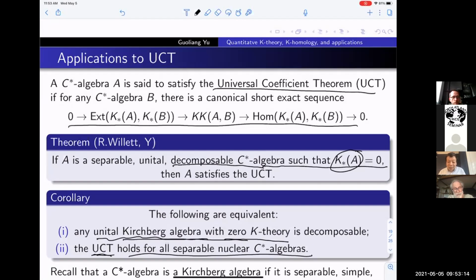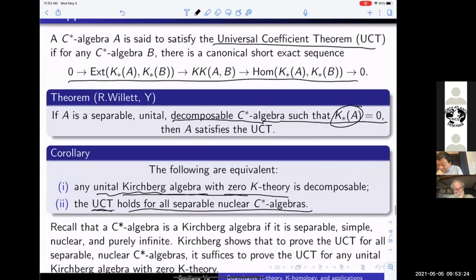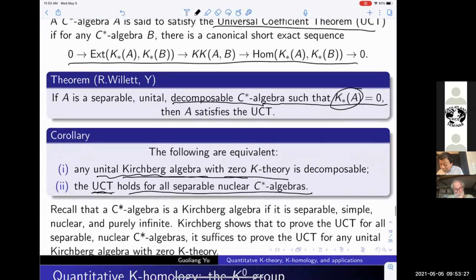Okay, thank you. But nuclearity does not imply our condition. I should mention a C*-algebra is called a Kirchberg algebra if it's separable, simple, purely infinite, and nuclear.